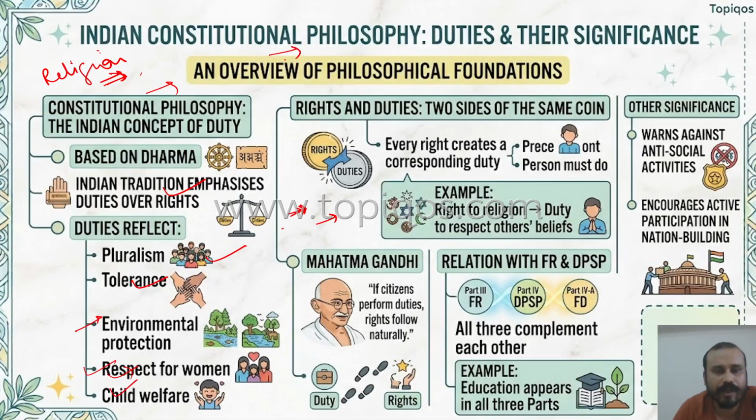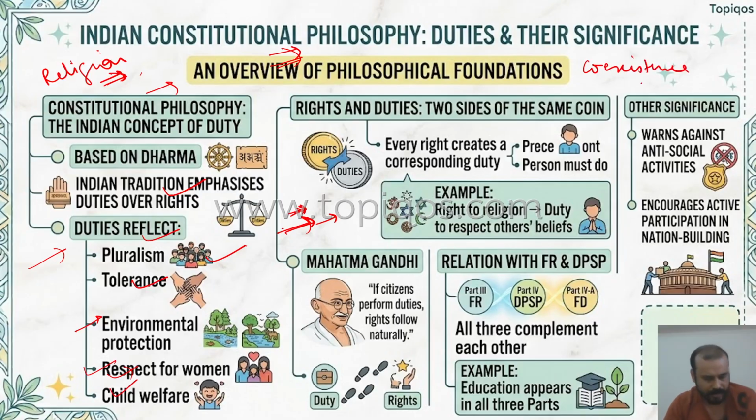You are not intervening in the religious practice or the personal affairs of anybody. Same thing here, rights and duties go hand in hand. Another thing, what is the reflection of duty? Performing your duty shows pluralism, because you respect others also, and pluralism is coexistence.